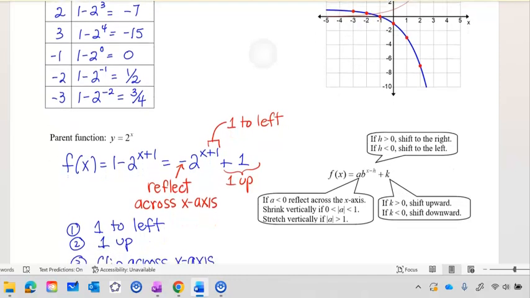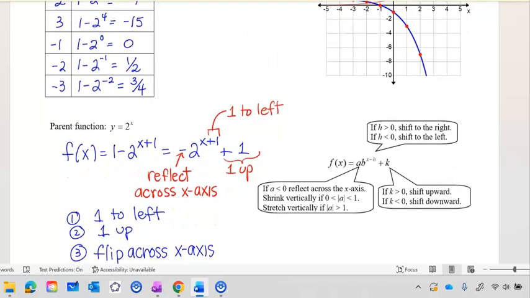As we just analyzed, we rewrite this as negative 2 to the x plus 1, plus 1. That means the whole graph of negative 2 to the x plus 1 will be shifted 1 up. First of all, we transform this one.